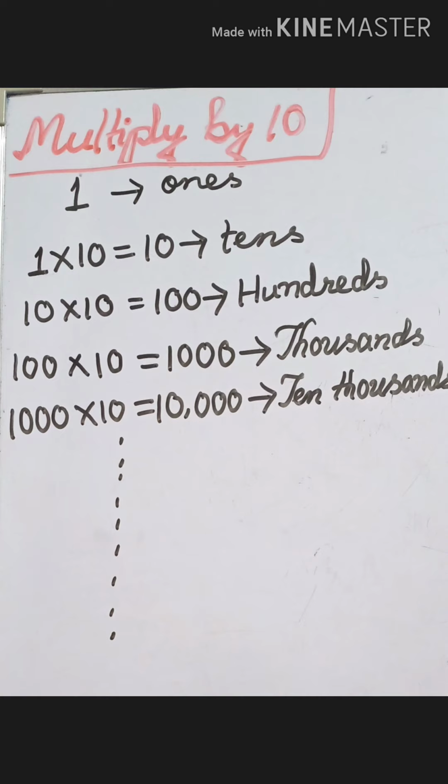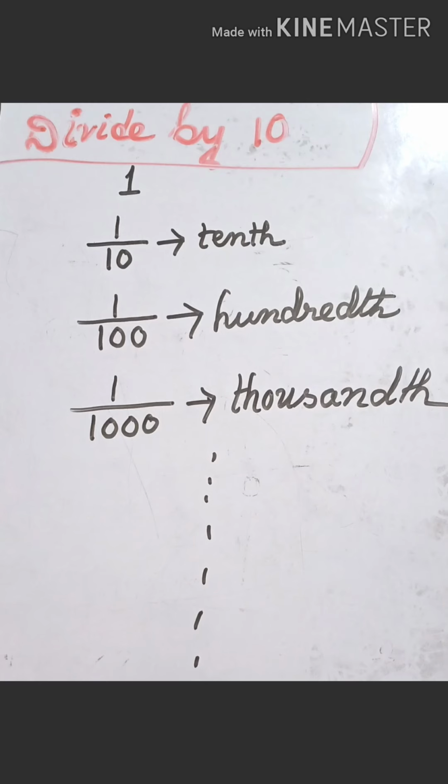It does not accommodate anything that is less than 1. So we will start dividing by 10. Whenever we multiply by 10, the number increases, and whenever we divide by 10, the number decreases. When dividing, you will get an answer which is less than 1.